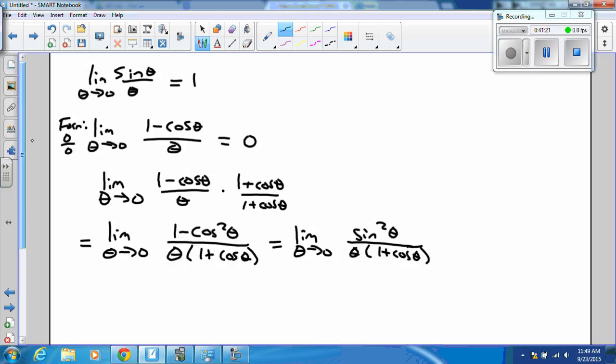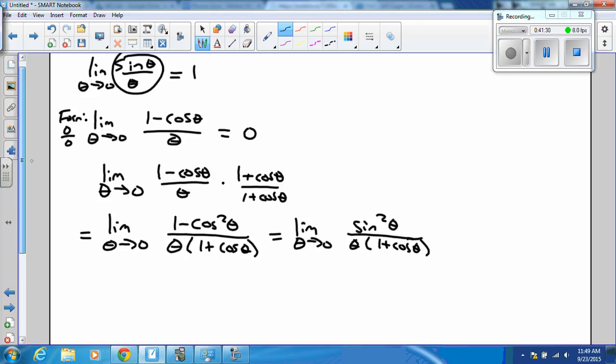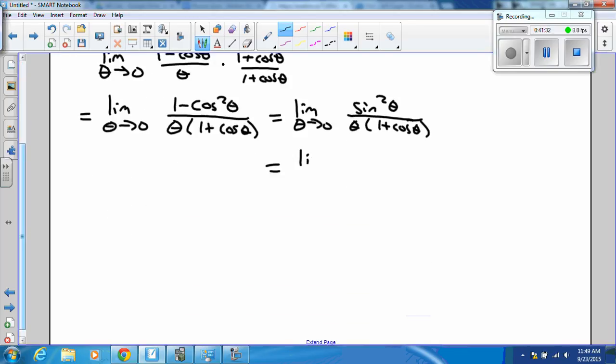And here's where I'm going to be clever. I already have a limit as theta goes to 0 for sine theta over theta. So I'm going to use that limit to peel off a factor of sine theta over theta, leaving me with some other stuff.